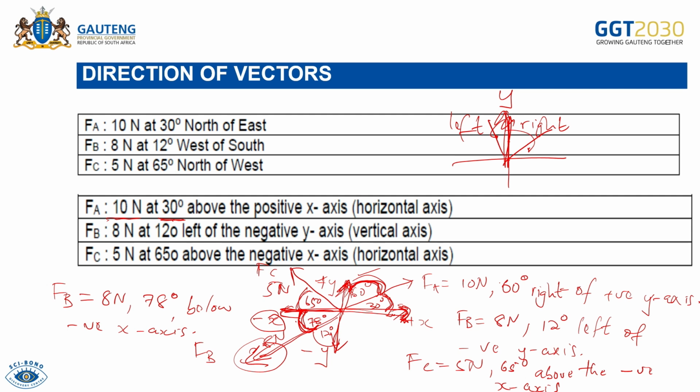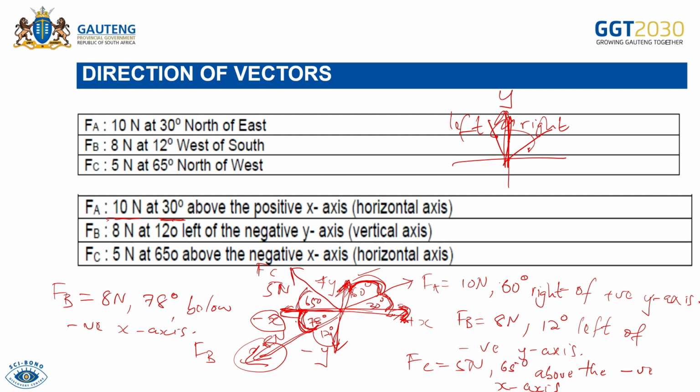So please be careful when we are using the Cartesian plane, the y-axis and the x-axis. For the x-axis, the angle is either above or below the positive x-axis or the negative x-axis.